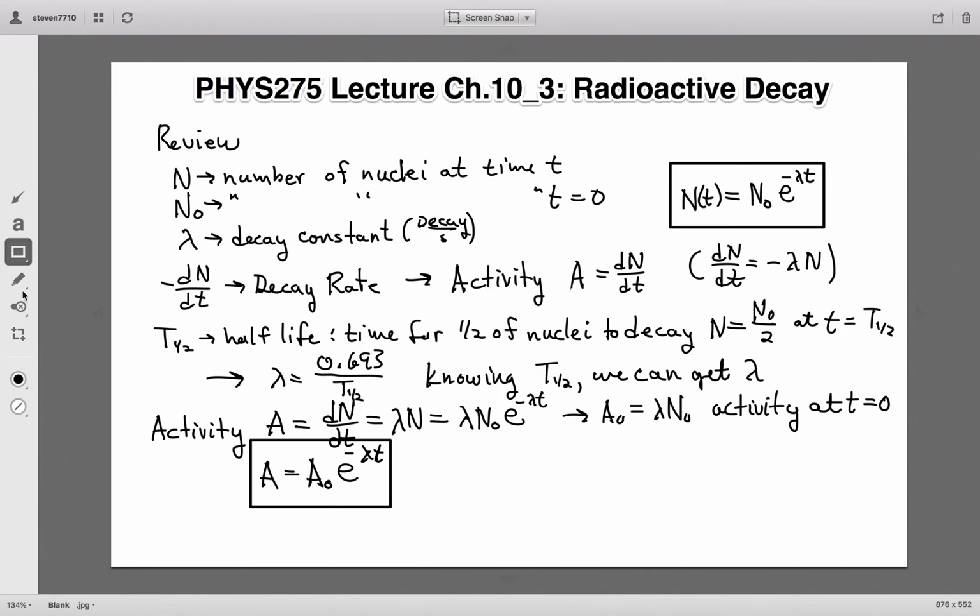Last thing to note, and this isn't a review, in fact the activity is new, is our lifetime. T with a bar over it is defined as the lifetime, and it's just the average time that a nucleus will live before it decays.